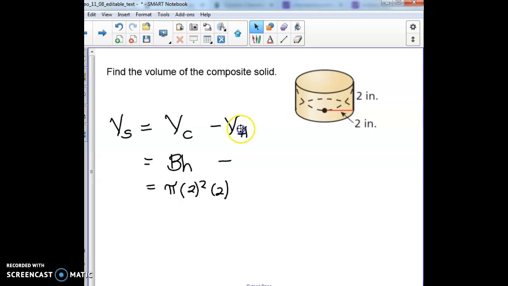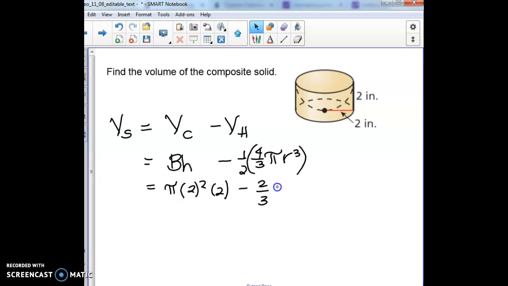Now minus, to find the volume of the hemisphere, we learned that the formula for the volume of a sphere is 4/3 pi r cubed, but since we only have a hemisphere, we're going to get half of that. So if we simplify this, you get 4/6, but 4/6 is just the same as 2/3, right?